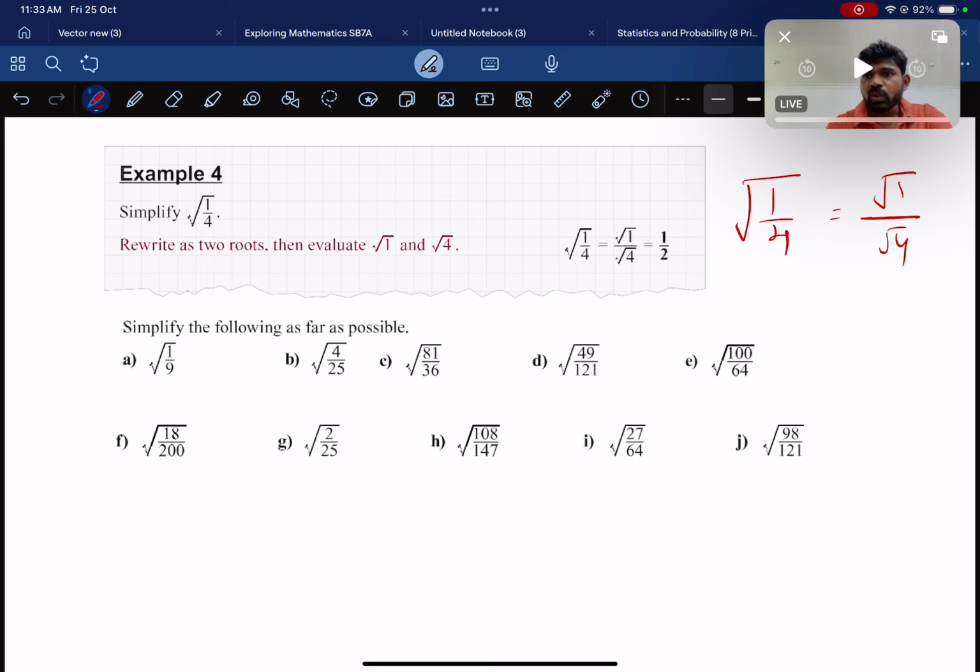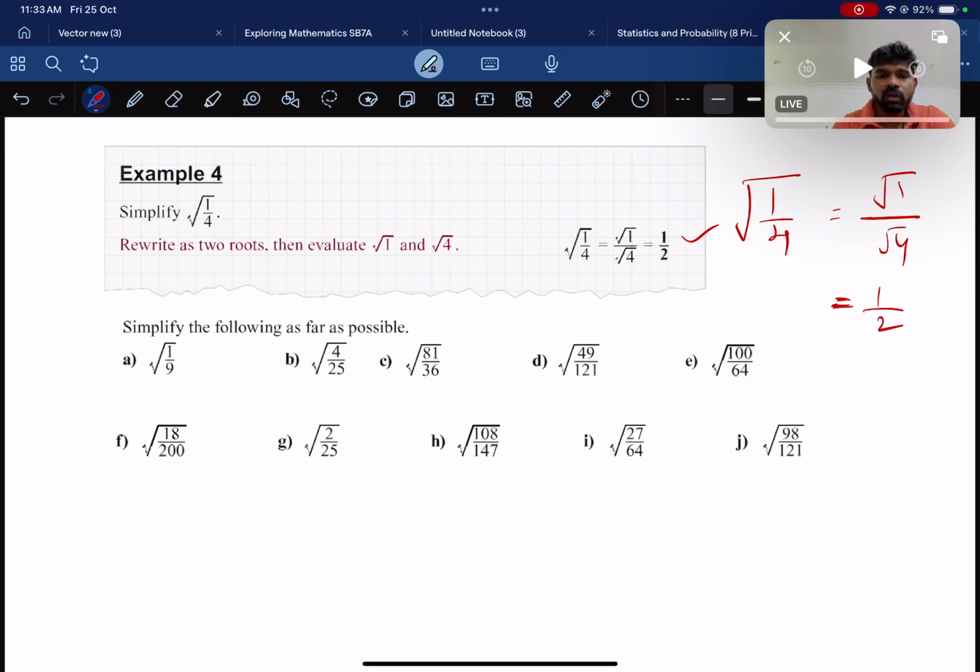So root of 1 by 4 can be written as root of 1 over root of 4, which is 1 over 2. That's the answer. Some simplification is already given in an example there.